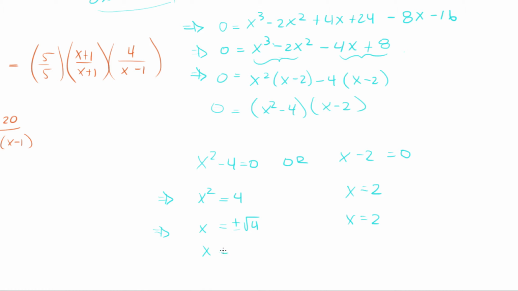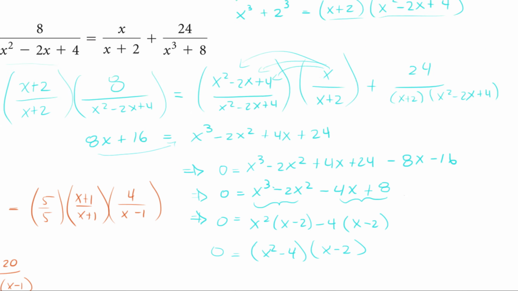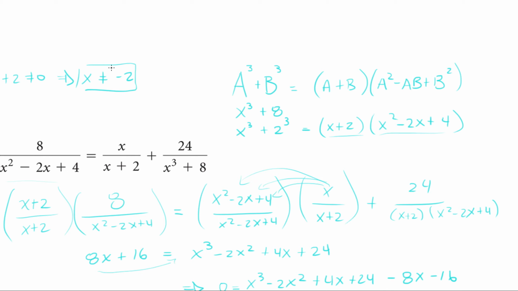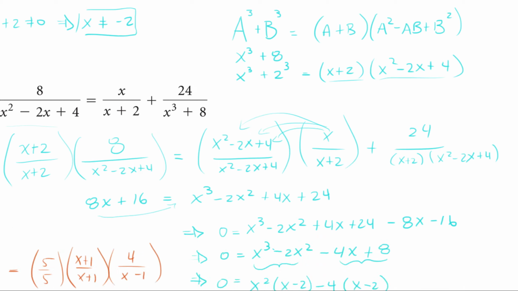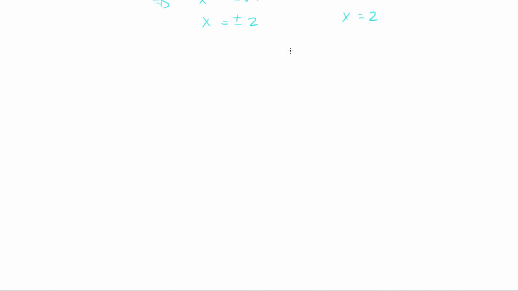Well, what is the square root of 4? It is plus or minus 2. And x equals 2. Now you see there are repeating values, but we have to be very careful because we already said that x cannot be equal to negative 2. Therefore, we have to exclude that from the domain. Therefore, your solution is just 2.